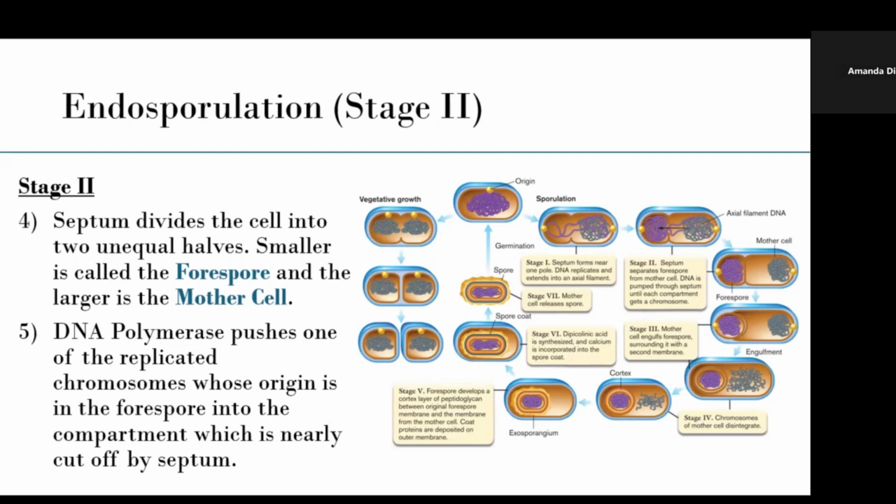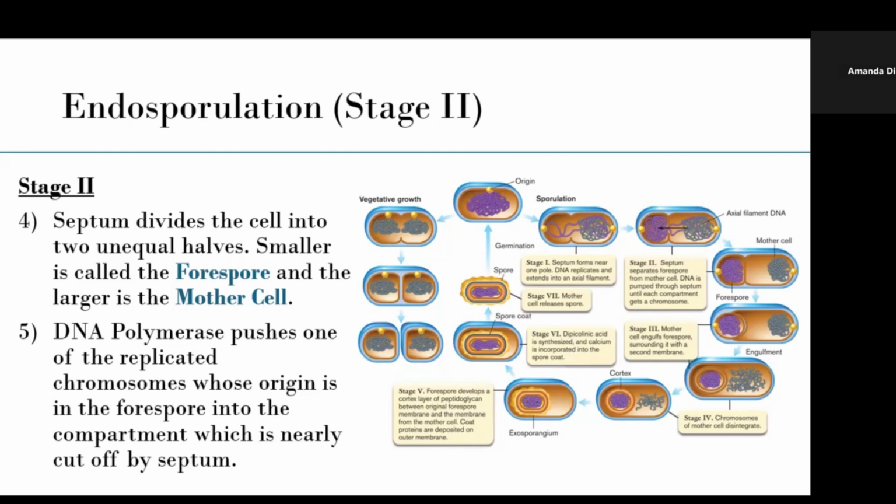So right before that septum finishes closing up and splitting off, the cell has to quickly take DNA polymerase and shove the new chromosome into the little hole that's quickly closing up. Why they do it that way, I don't know. So we make a forespore with the new chromosome and the smaller portion, and the rest of it is known as the mother cell, the one that's creating the endospore.